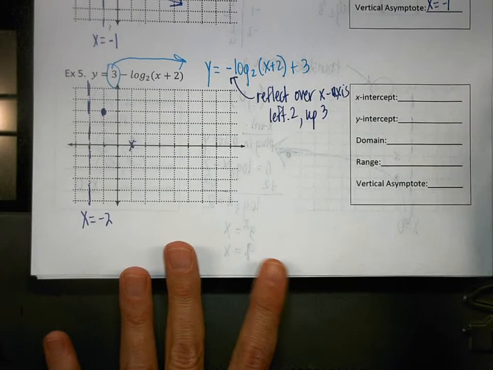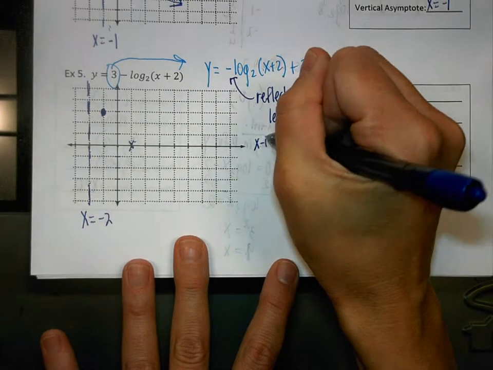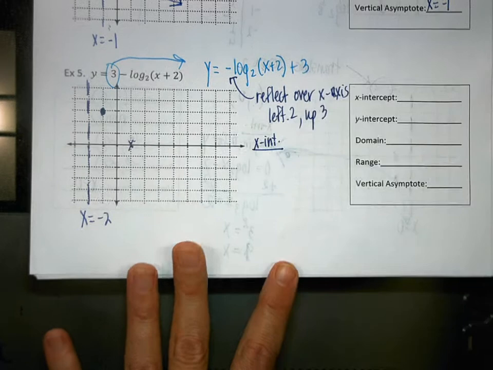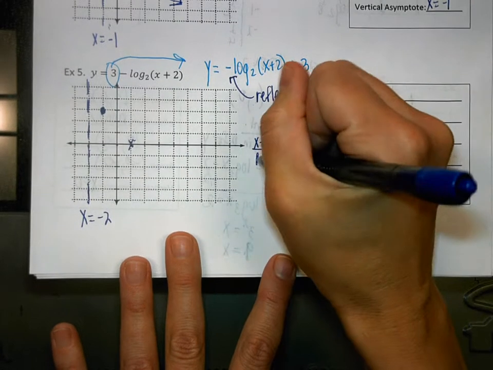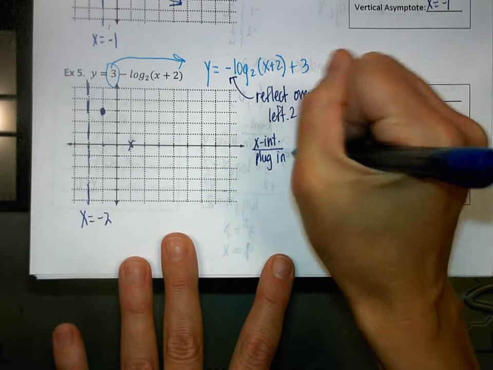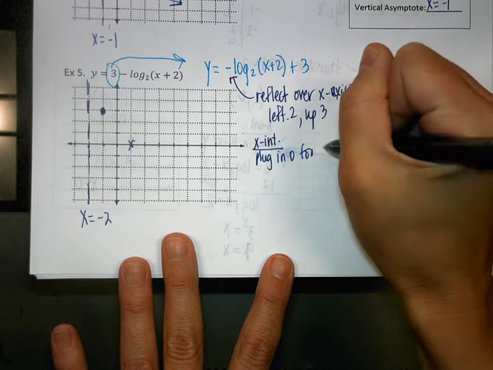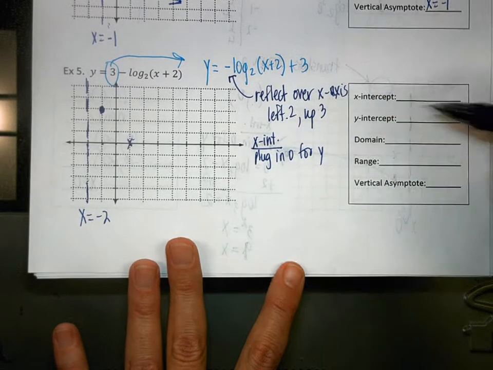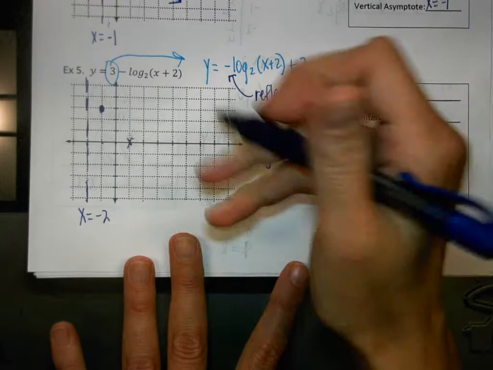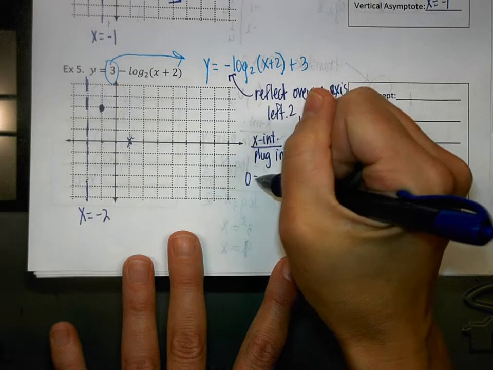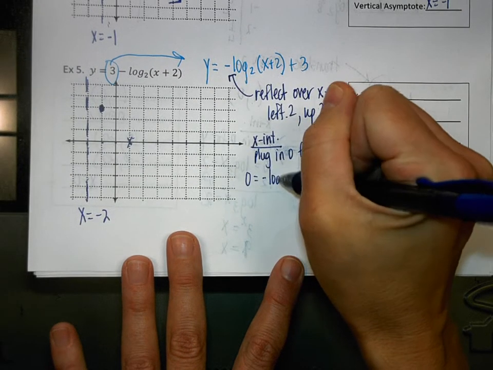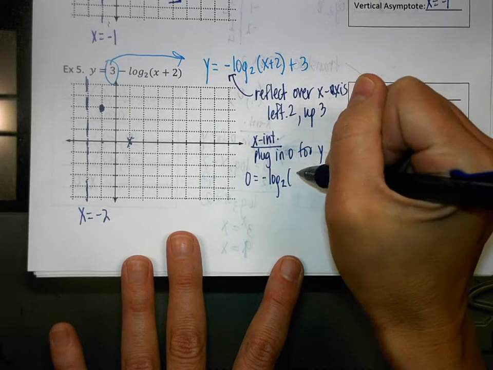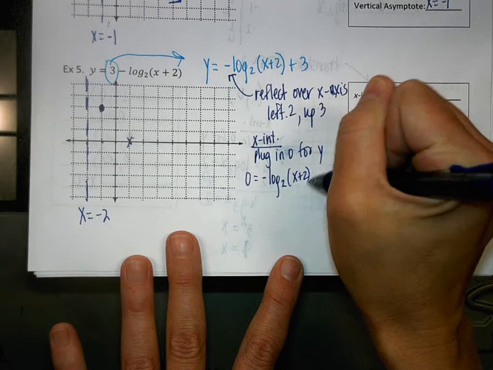Okay, so let's start with our x-intercept. For our x-intercept, we plug in 0 for y. When I write this out, I get 0 equals negative log base 2 of (x plus 2) plus 3.